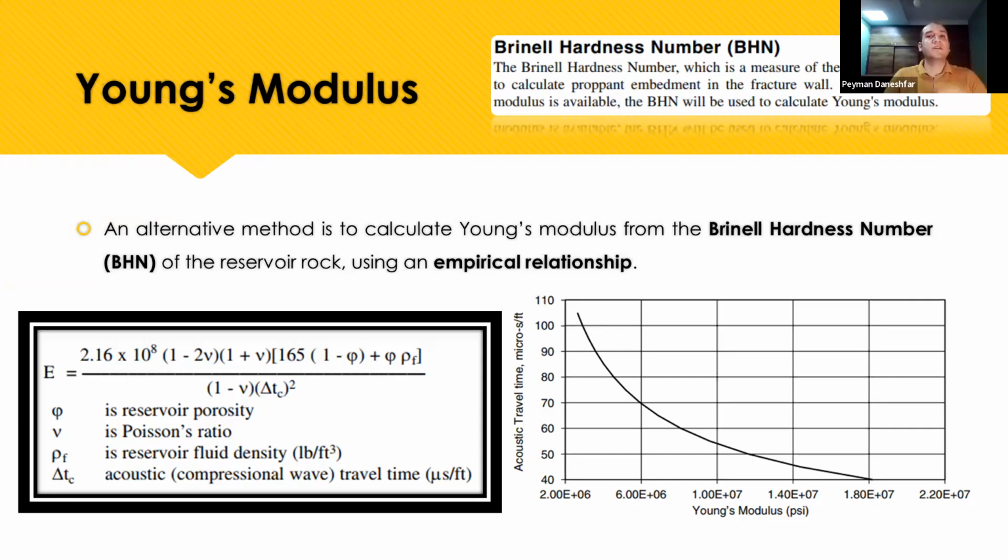So it's an alternative method to calculate Young's modulus. If you want to find the Young modulus with the sonic log, you can find it with this formula. It's about the acoustic compressional wave traveling time, and also depends on density, Poisson ratio, and the reservoir porosity.